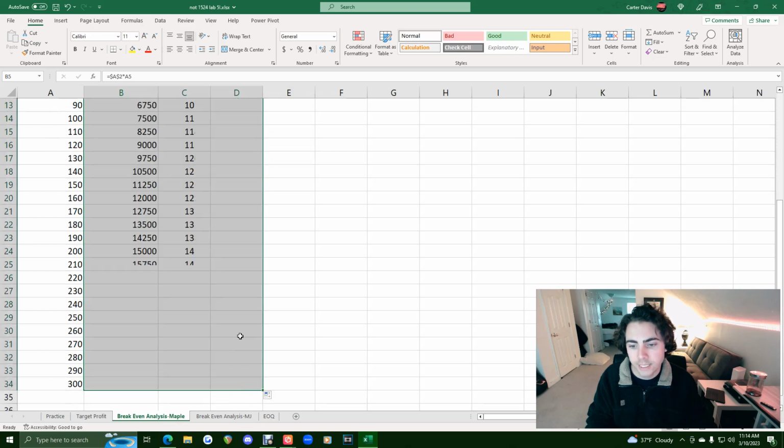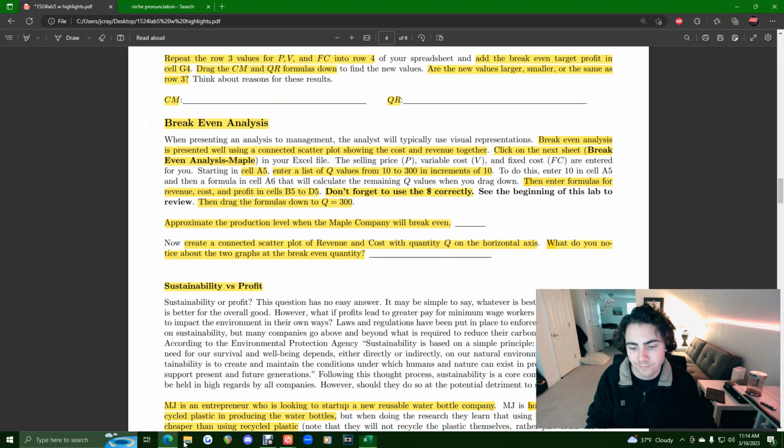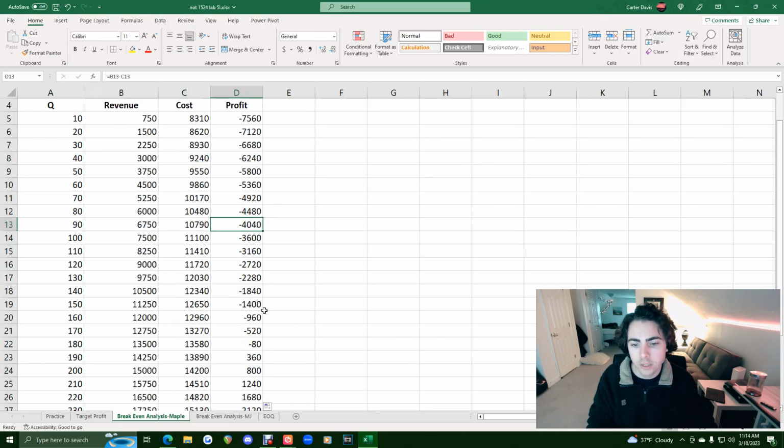All right, and what are they asking? Approximate the production level when the Maple company will break even. Maple company will break even when the profit is equal to 0. So the profit crosses 0 right here.